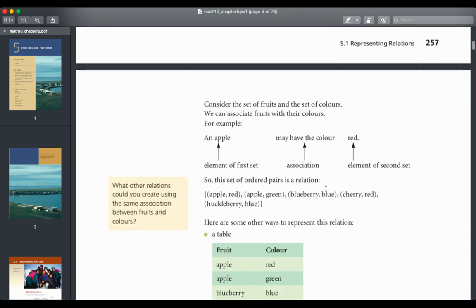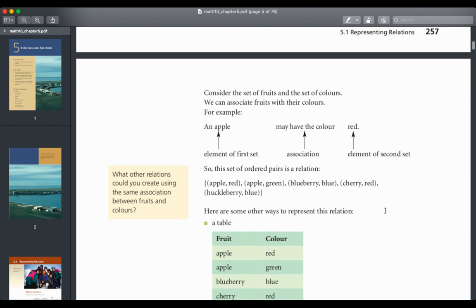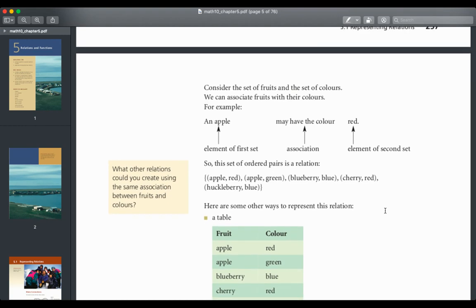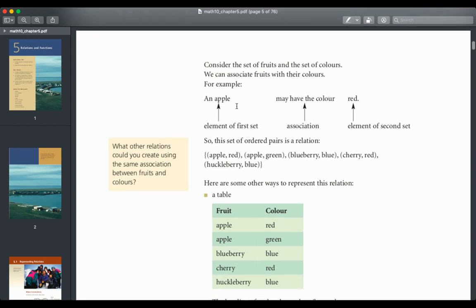One of the ways to represent relations is in an ordered pair. When we break things up into an ordered pair, we have two pieces, kind of like an x comma y idea. So if we consider fruits, an apple may have the color red.